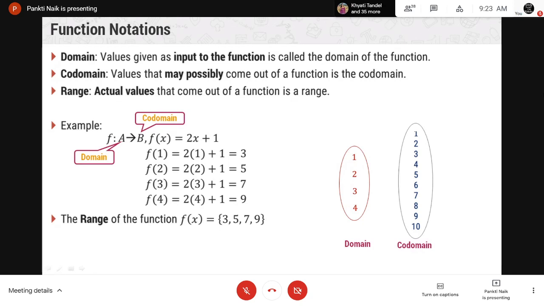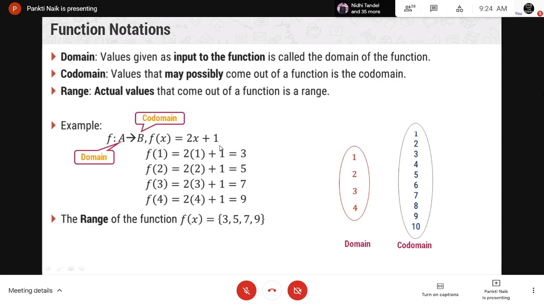And what is codomain? Codomain means values that may possibly come out. We give 1, 2, 3, 4 as input. So what values can possibly come out of it? Between 1 to 10, because our function is 2x plus 1. So 4 into 2 is 8, plus 1.